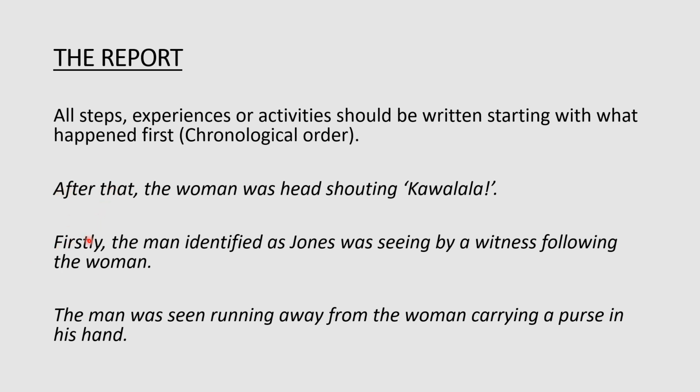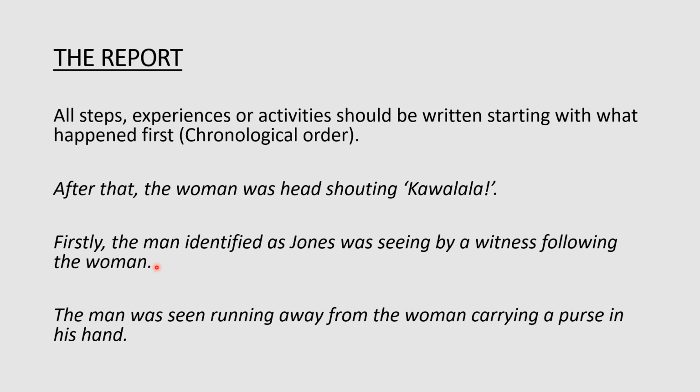And the fact that it says firstly should help us think that this might be the first point. Then the third is the man was seen running away from the woman carrying a purse in his hand.